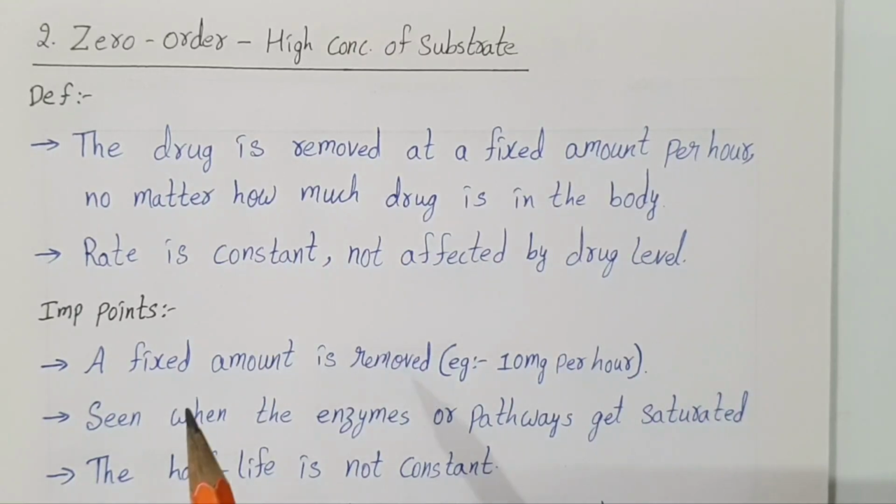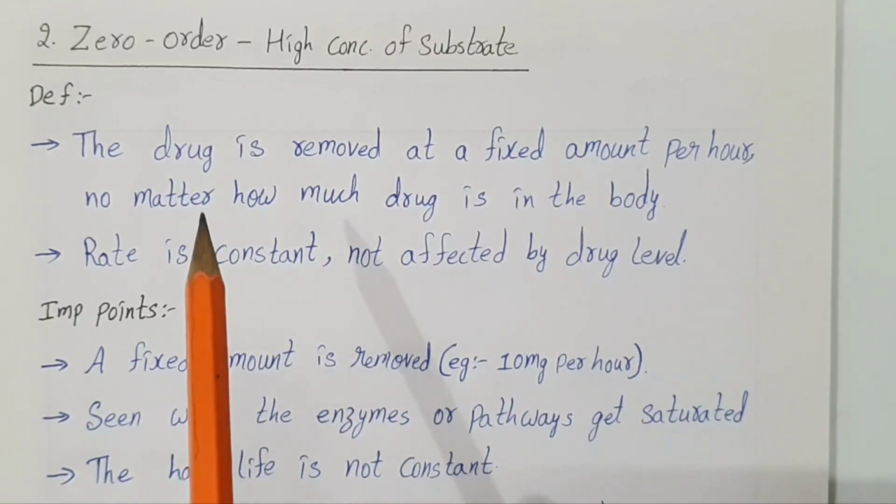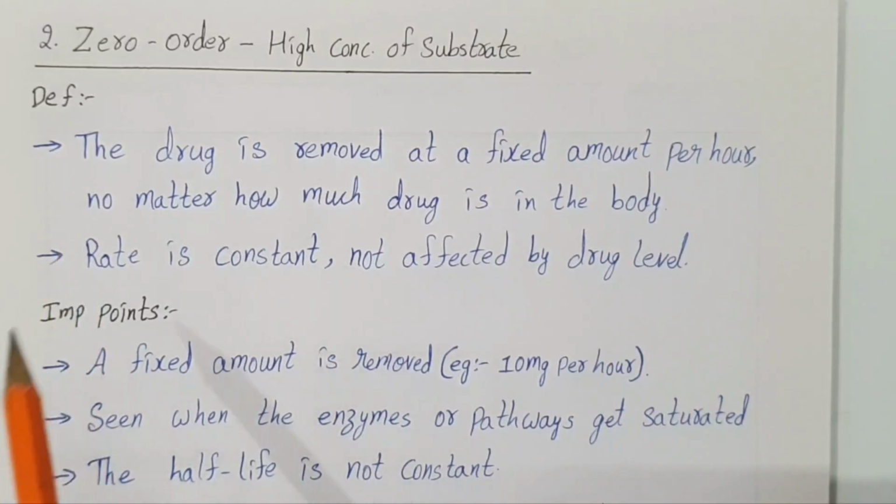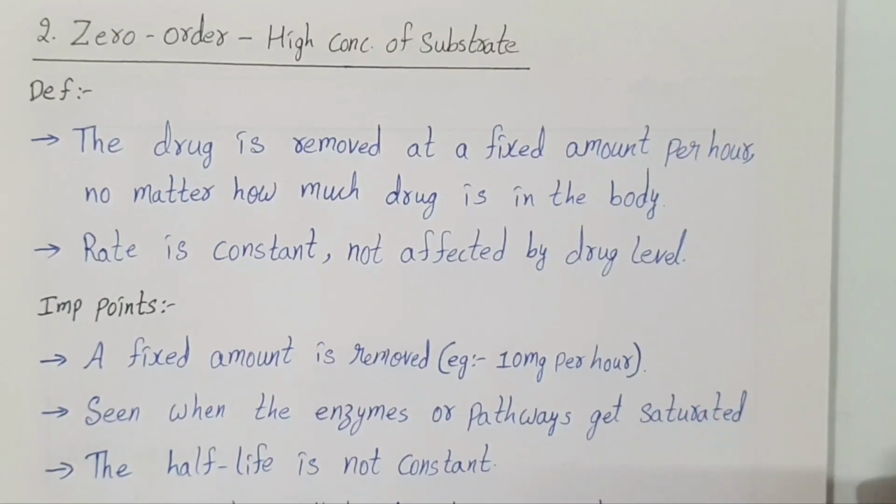Now let's see the zero order kinetics at high concentration of substrate or drug. The definition is the drug is removed at a fixed amount per hour. So in zero order, the drug is removed at a constant rate. No matter how much drug is in the body, the rate is constant, not affected by the drug levels.